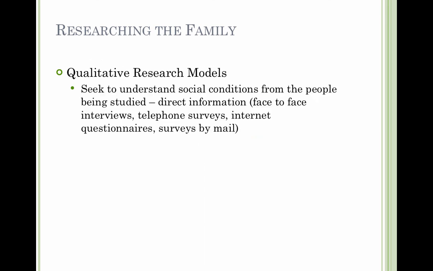The other form of information is through qualitative research. And it's through this qualitative research that we seek to understand the social conditions from the people being studied. So we will meet them face to face, we will interview them, use telephone surveys, internet questionnaires, surveys by mail, all as a way of gathering information from individuals to get more in-depth information.